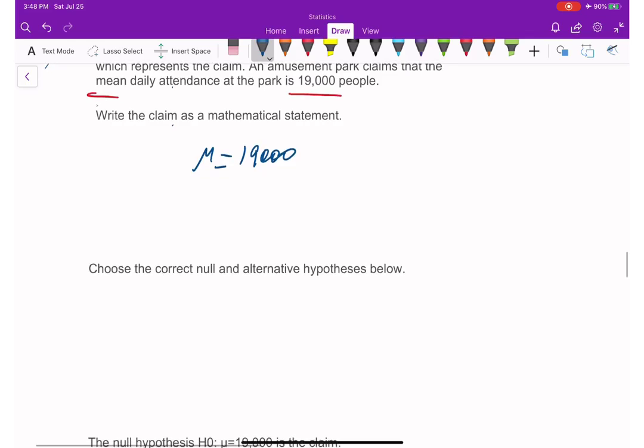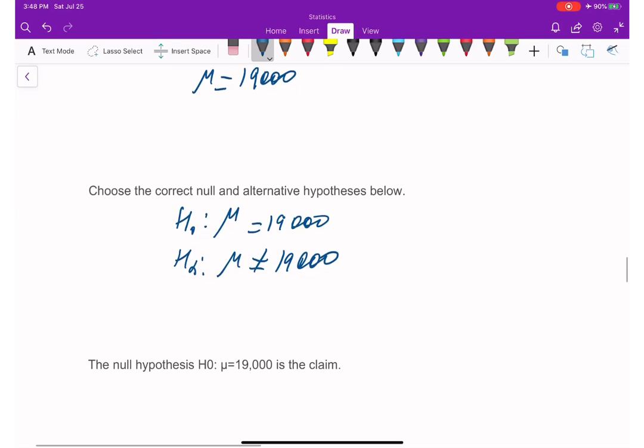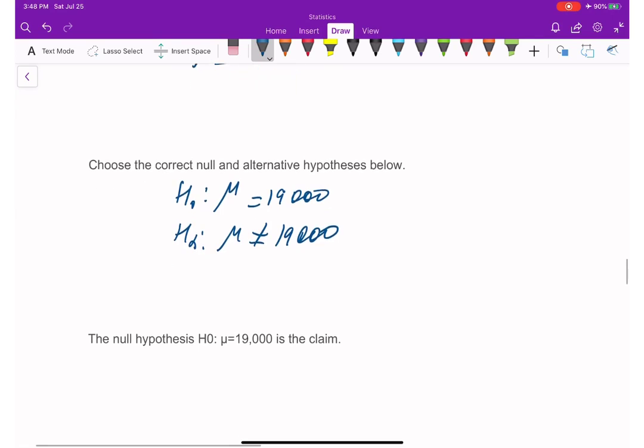Choose the correct null hypothesis. It is a null hypothesis because equal sign is in there. 19,000. And alternative is going to be mu is not equal 19,000. Simple as that. And the null hypothesis is the claim. That's right.